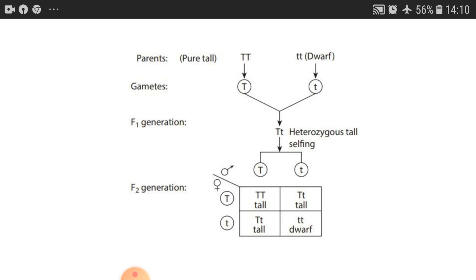So if we see the phenotypic ratio of tall and dwarf in the F2 generation, it comes out to be 3:1.